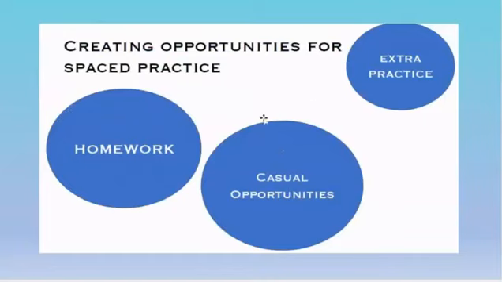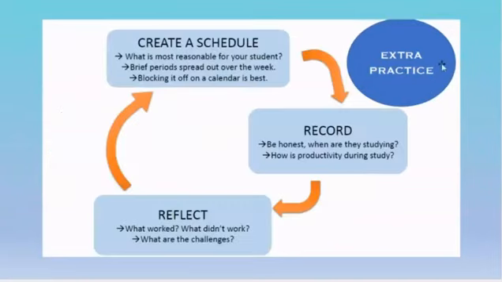So they just tried to convince us that this activity helps students. They have told us which type of opportunities we should create, like homework, and the same topic can be given for homework, extra practice, casual opportunities. Extra practice means creating a schedule for them, brief periods spread out over the week, blocking it off on the calendar in months with gaps, record and reflect.